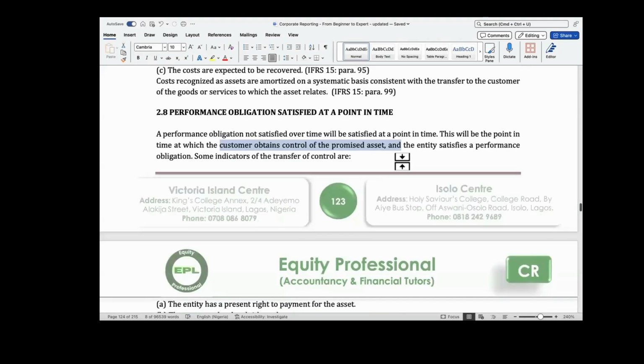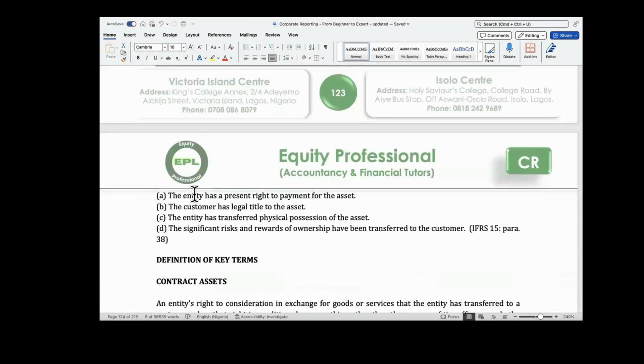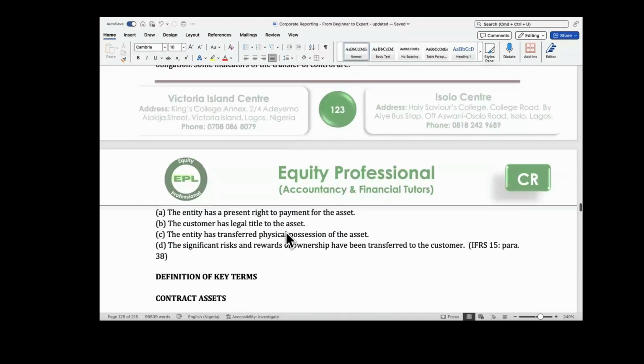And it has control when the entity has the right to payment, the customer has legal title, the entity has transferred physical possession, and the risk and reward of ownership have been transferred to the customer. That is another point you can recognize your revenue.